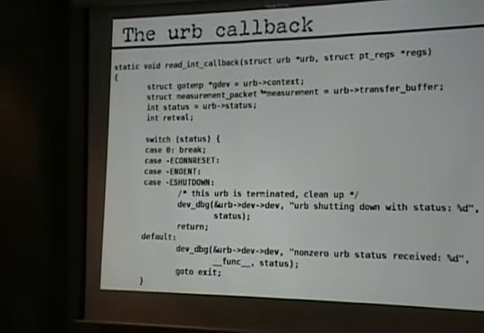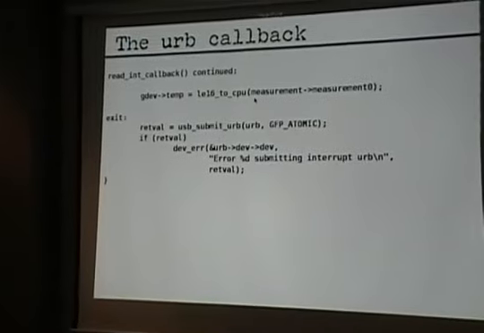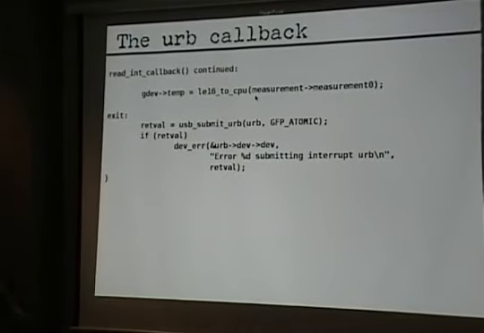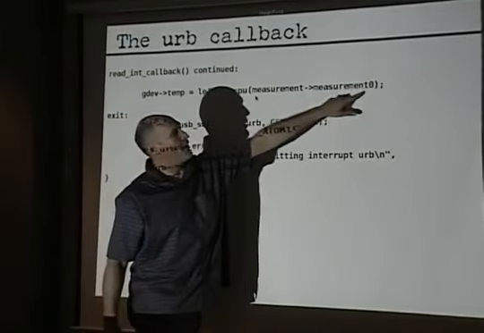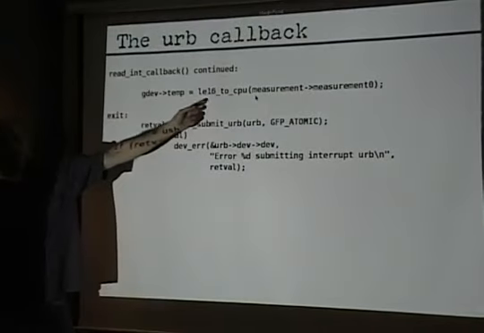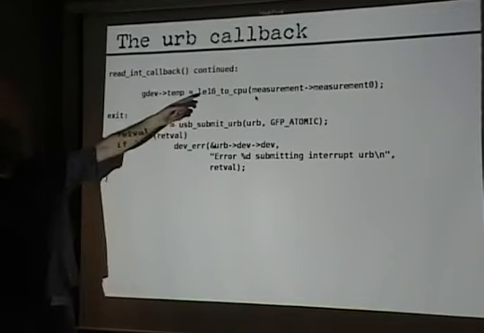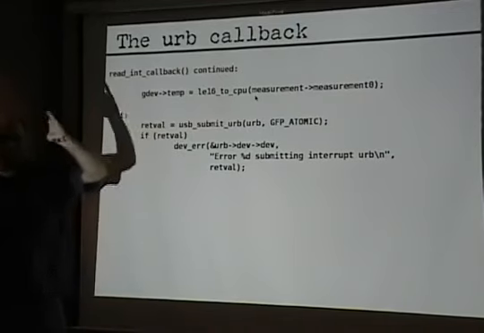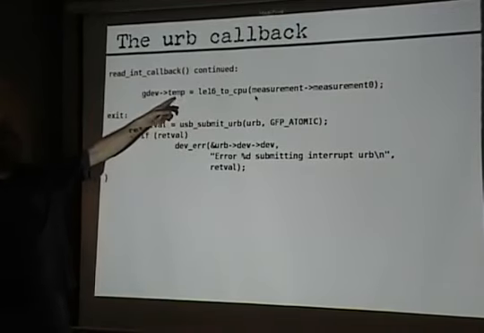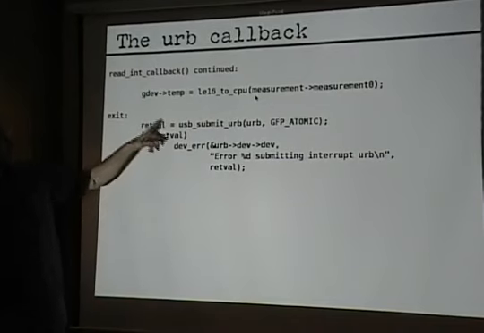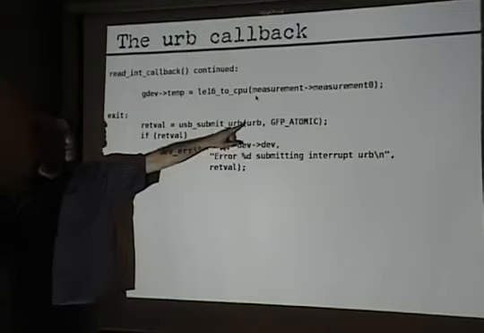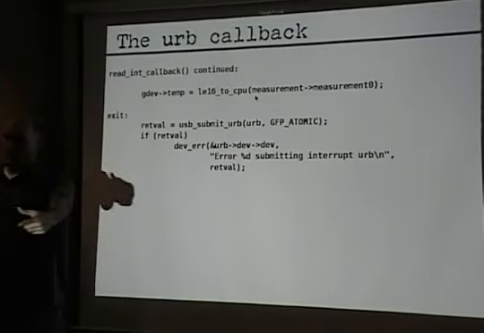Good. And then finally, we'll actually read the data. We'll read the data at the measurement 0 structure. We'll pass the little endian value through le16_to_cpu, which converts to our native type, and store it in the structure's temp field. And then we resubmit the URB, because there was an interrupt and we know we need to submit it again.